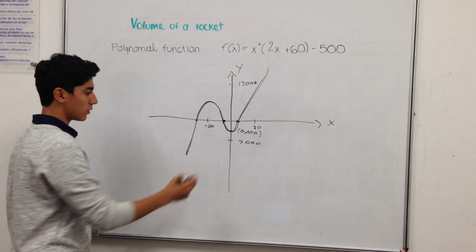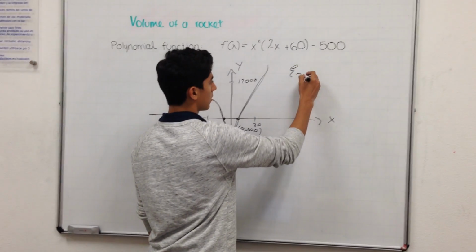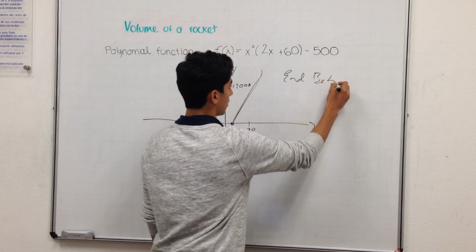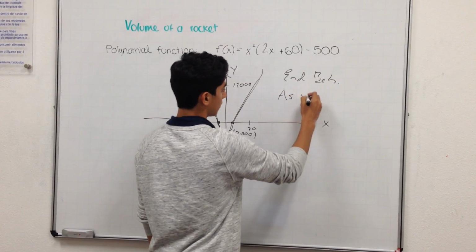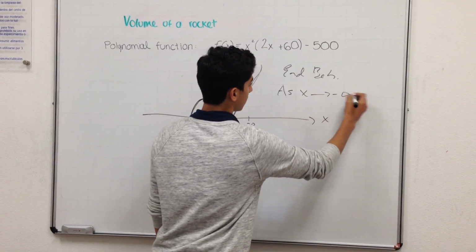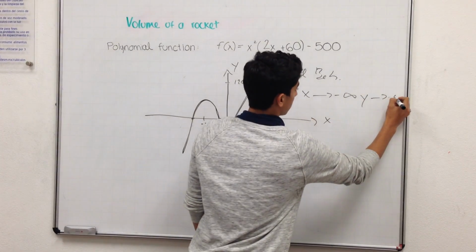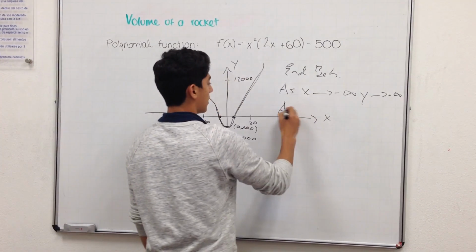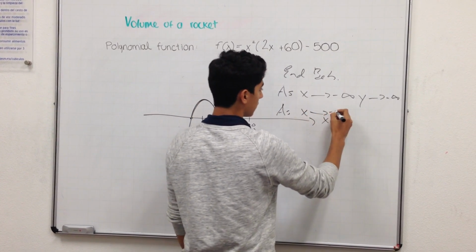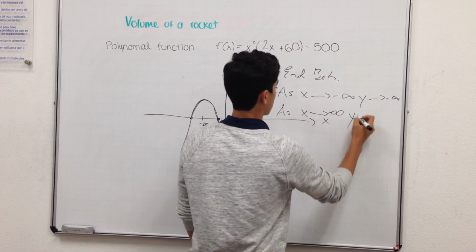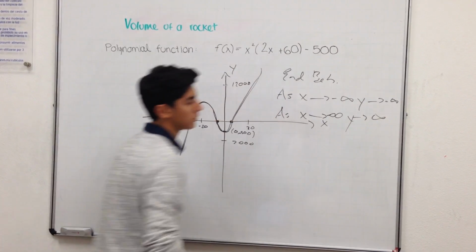And if we want to know the end behavior of our graph, we know that as x goes to negative infinity, y goes to negative infinity also. And as x goes to positive infinity, y goes to positive infinity.